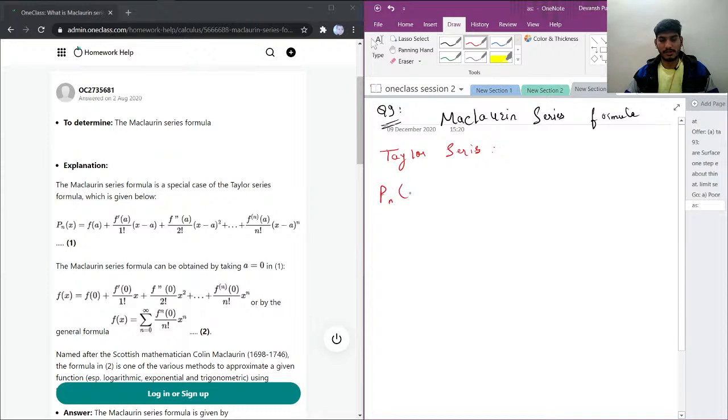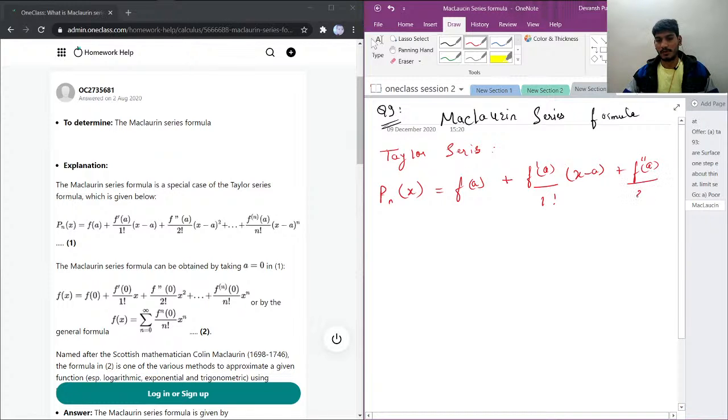Suppose we have a function f of x, then we can expand this in terms of f of a plus f prime of a over 1 factorial times x minus a, plus f double prime of a over 2 factorial times x minus a whole squared, and this will keep on continuing until the nth term, f to the n of a over n factorial times x minus a to the power n.